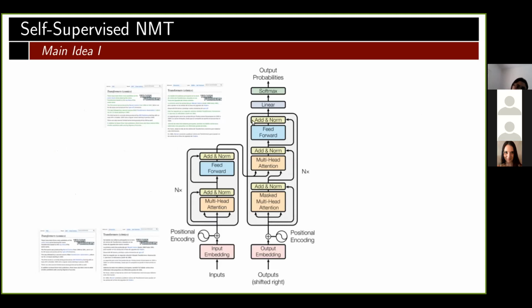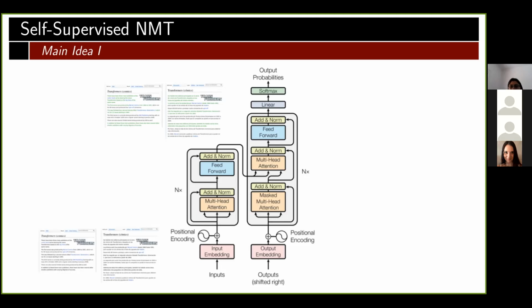The main idea is that we will use exactly the same architecture. We will be using a transformer in the examples that I will show, but the difference is that I'm not giving a parallel sentence corpus, where I have sentence A and sentence B being exactly the same sentence in two different languages. Instead, I will give the system, for instance, the Wikipedia in English and the Wikipedia in Spanish.